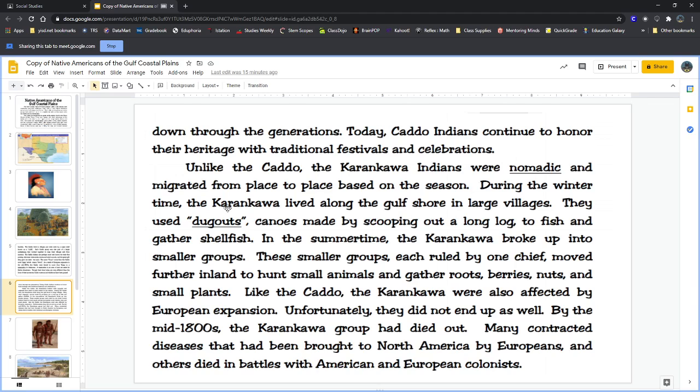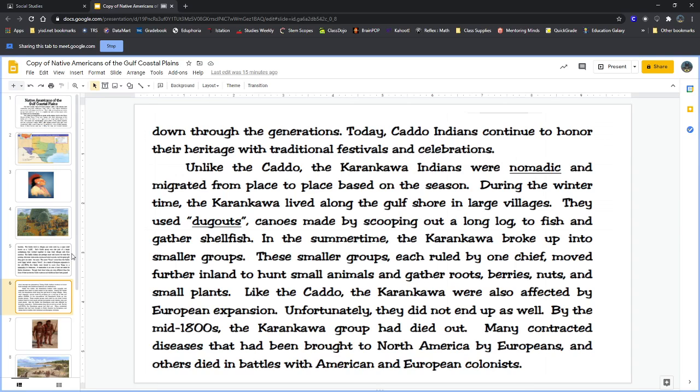During the winter time, the Karankawa lived along the Gulf shore in large villages. They used dugouts, canoes made by scooping out a long log to fish and gather shellfish. So they even had a way to make boats. So they didn't have to stand on the beach and fish from there. They made boats out of logs.